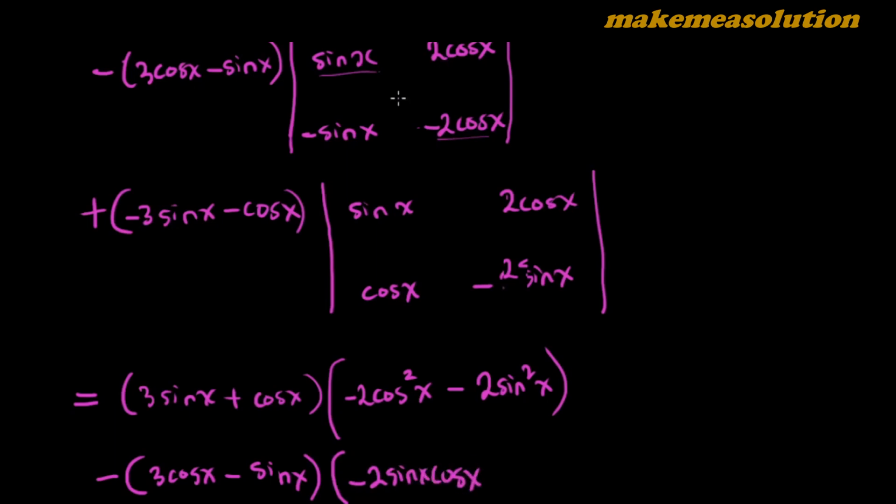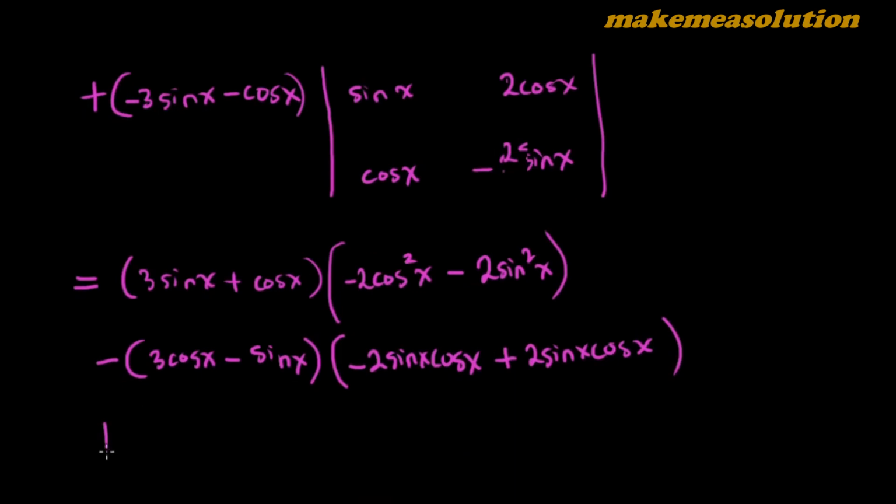Then minus this term times this term is going to give me a plus 2 sin x cos x, because this times this actually gives you minus 2 sin x cos x, but because you're still subtracting these minor diagonals, minus times minus will be plus, and this will be plus 2 sin x cos x.